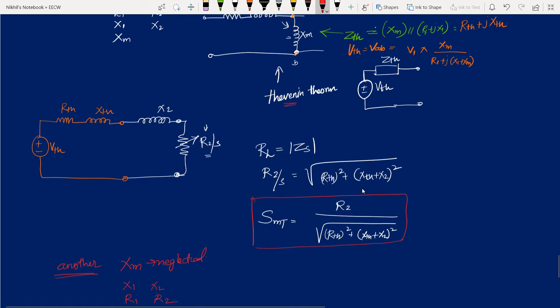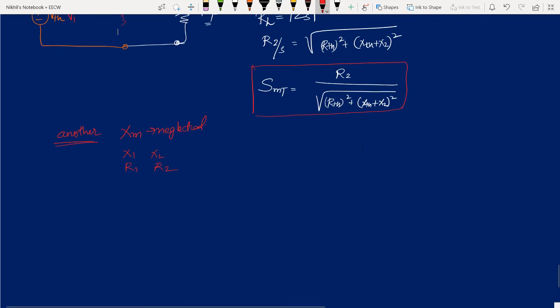Then RTH would have been my R1, XTH would have been my X1, and VTH would have been my V1. So simply I will modify this equation. If XM is neglected, then my slip at maximum torque developed will be equal to R2 by the square root of R1 square plus X1 plus X2 whole square.